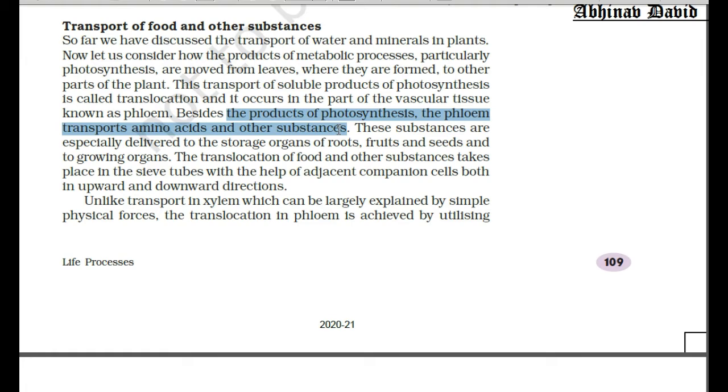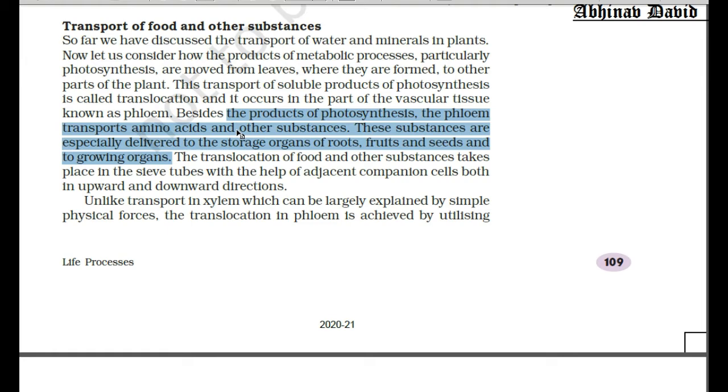These are delivered to storage organs like roots, fruits and seeds, and to the growing organs.